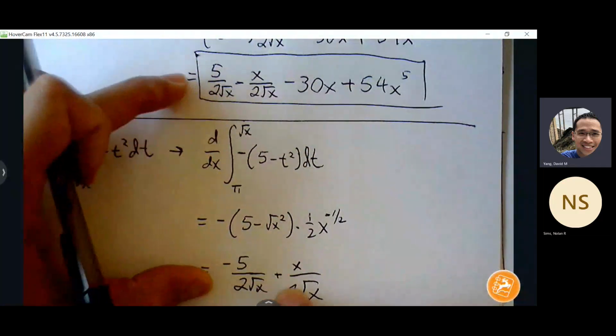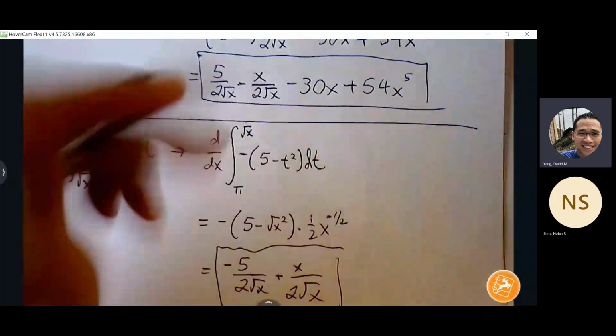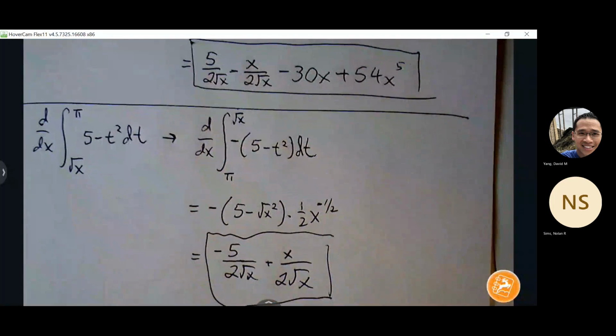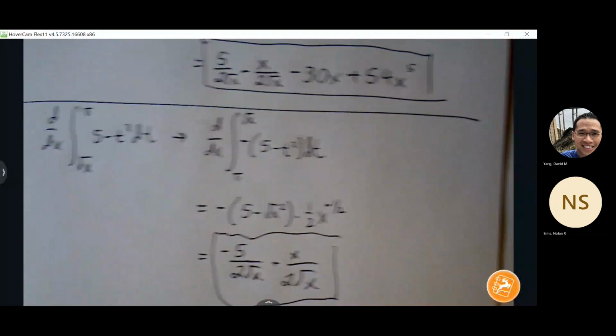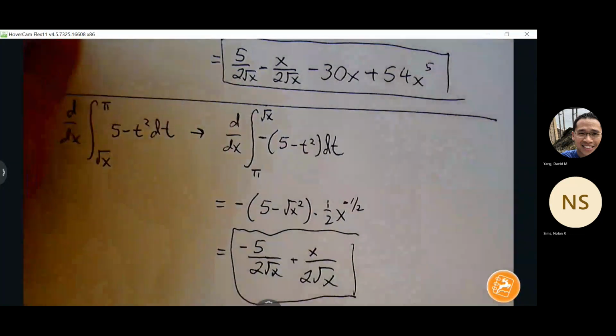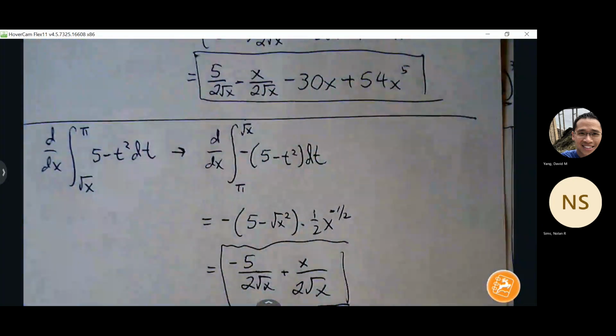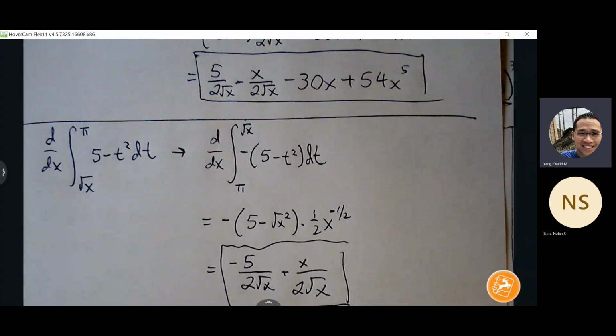It's just the signs are different because I had to flip the bounds and change the sign. Okay. All right, let's try this one here.